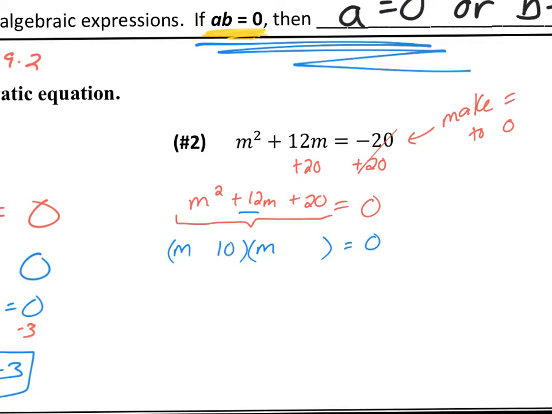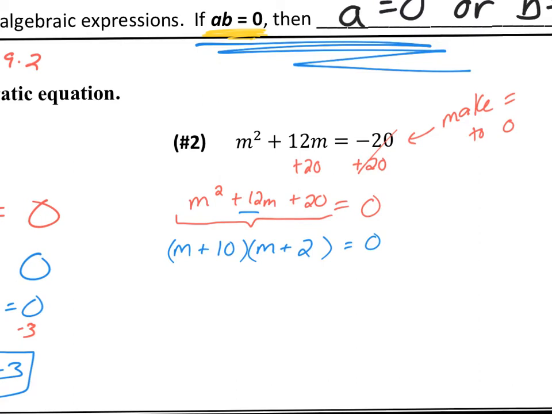So we're going to do 10 and 2 because the inside is 10m, the outside is 2m. 10m and 2m is 12m, and 10 times 2 is 20. So we're going to do plus and plus. So we factor that, we get 10 and 2.